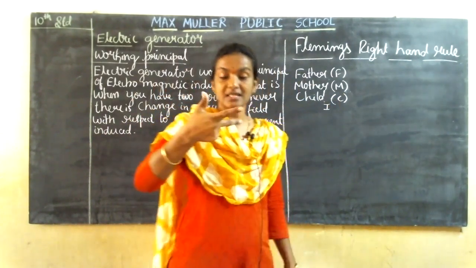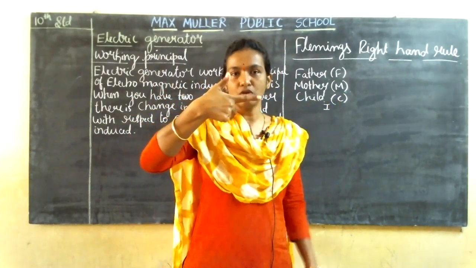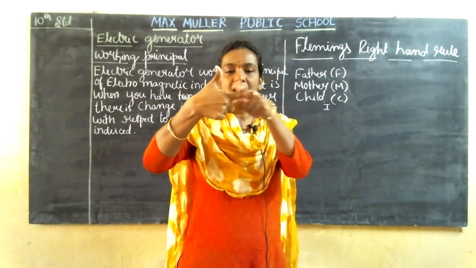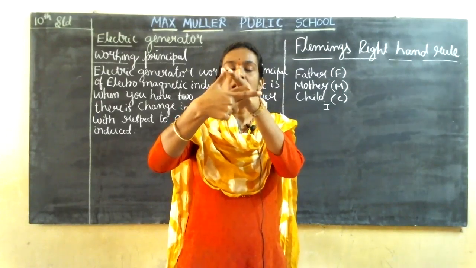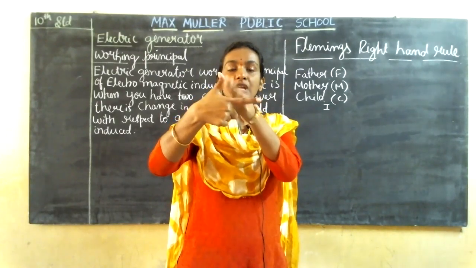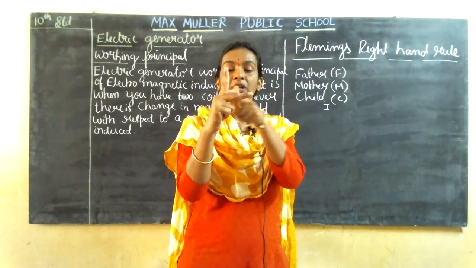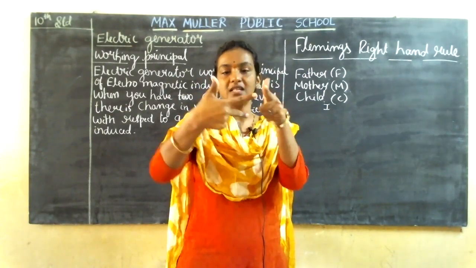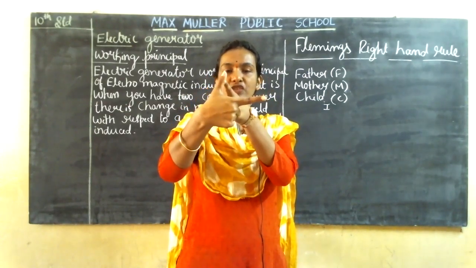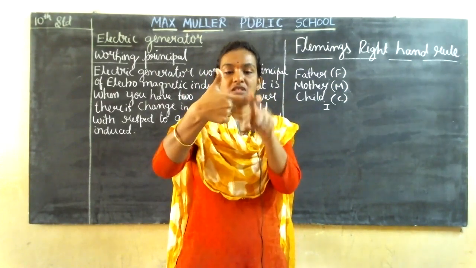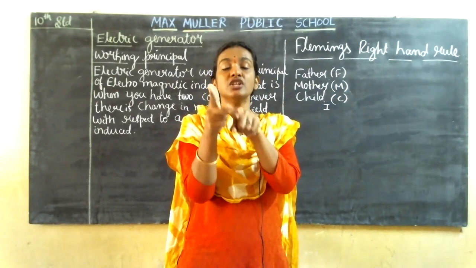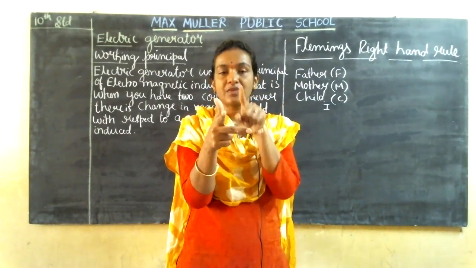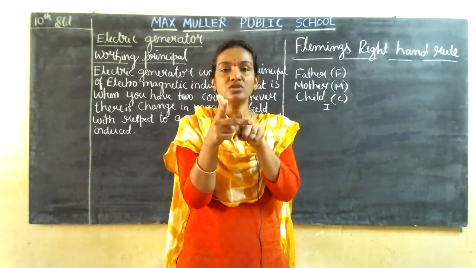This is Fleming's left hand rule, you all know that one. This is how you have to arrange your fingers: they will be perpendicular to each other. These two are perpendicular to each other, isn't it? This is the direction of the force. This is the direction of the magnetic field lines and this is the direction of the induced current.